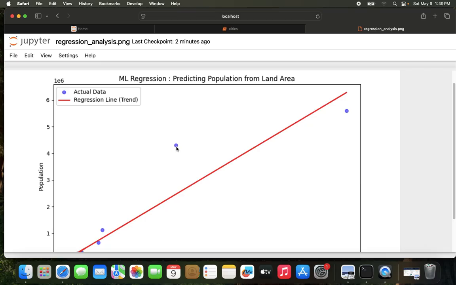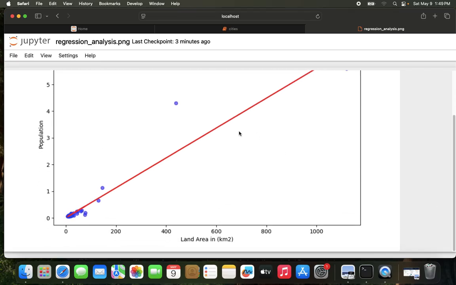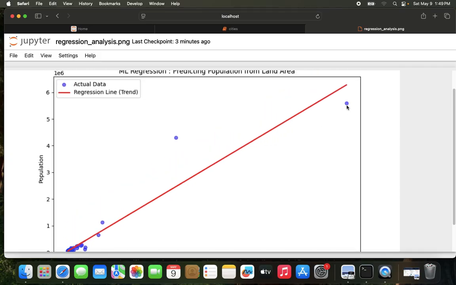This one is Kumasi, yeah, with respect to the population and the land area here. So the cities above this trend are overperforming in terms of population relative to their size. Whereas beneath this trend, you have Accra.